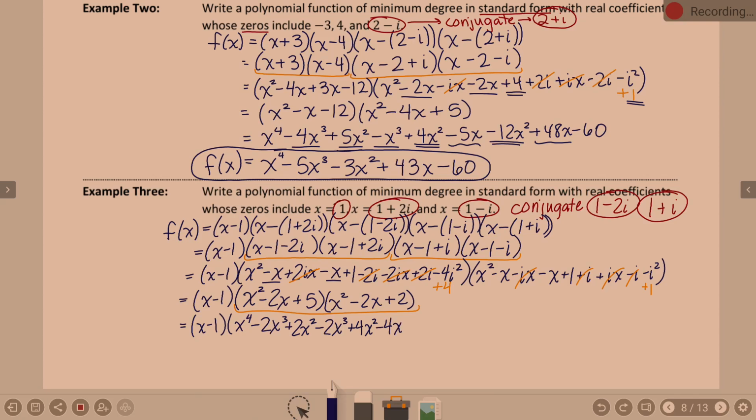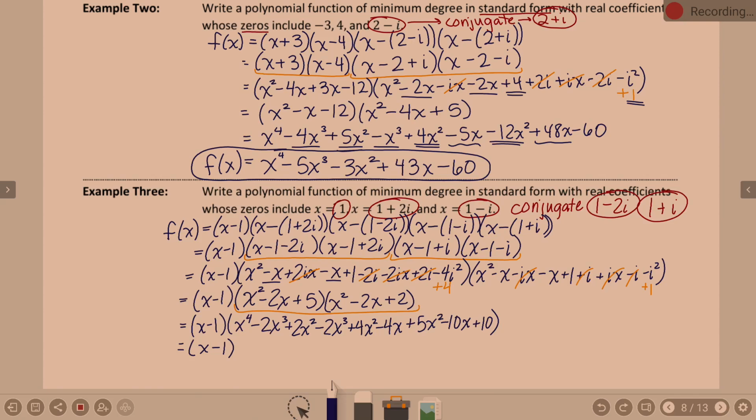Then I'm distributing my 5. Plus 5x squared minus 10x plus 10. Carrying down my x minus 1.